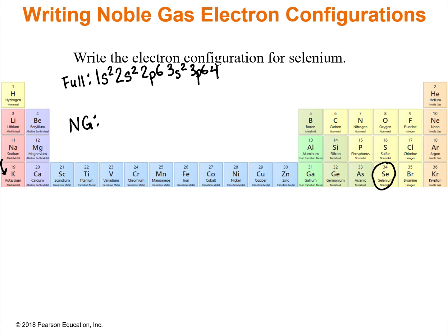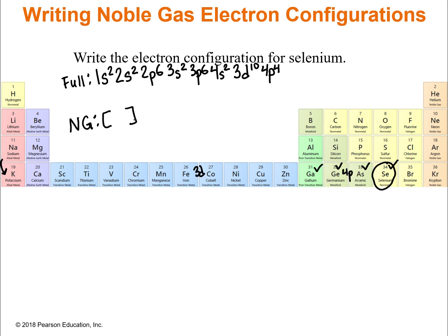Now I'm in the 4th row, and I'm going to fill the 4s with 2 electrons, the 3d with 10 electrons. Then I'm back to the 4 for the main energy level, and we're in the p block. So I'm filling the 4p with 1, 2, 3, 4 electrons. That is the full configuration for selenium.